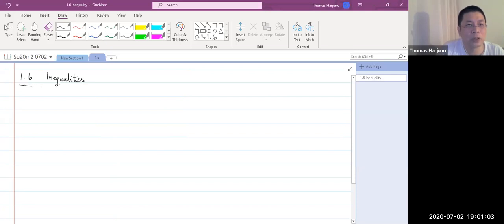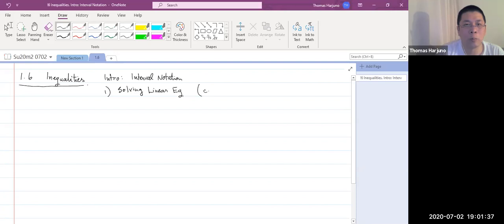Now, in this section, this is the intro. I will first go over interval notation. And then from there, we will go into solving linear equations, including later on compound linear inequalities.